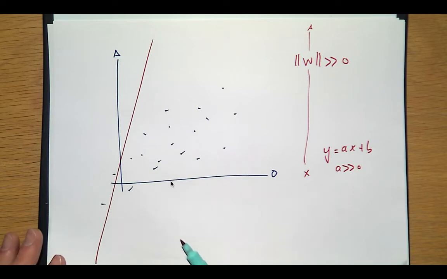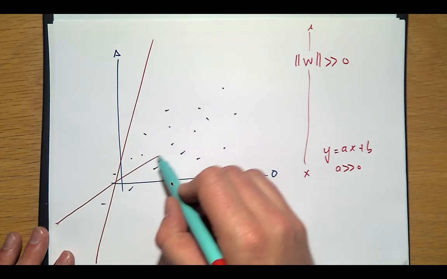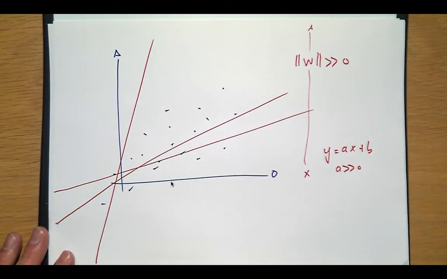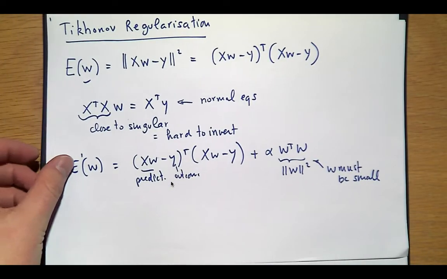So all things considered, it's more likely to have a small slope. It means that when you extrapolate, when you have a point which is far away from your original domain, the new estimate is not crazy, it's still something reasonable. So that's the idea behind it.